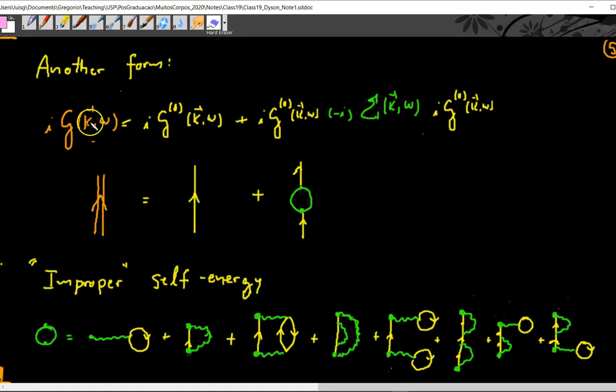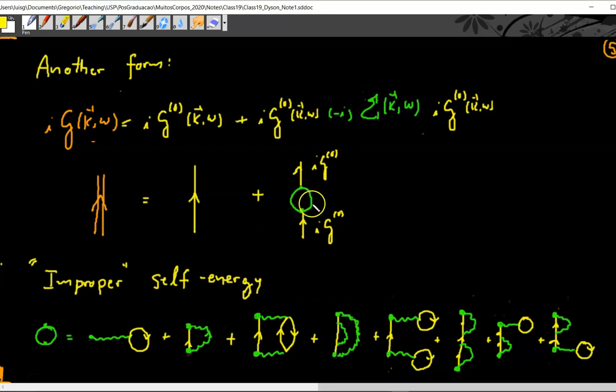So how does that Dyson's equation look? If I try to express this as the interacting propagator G times the free propagator G naught, and now two free propagators, one G naught here and one G naught there.